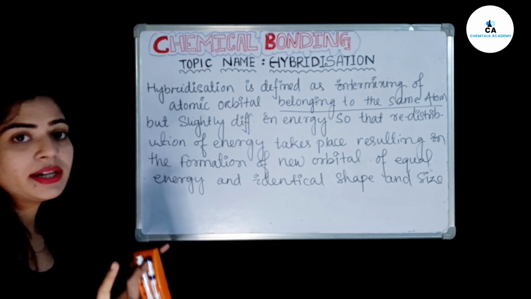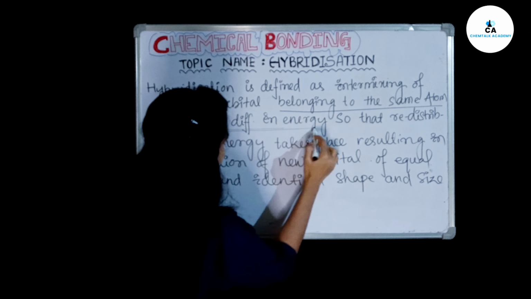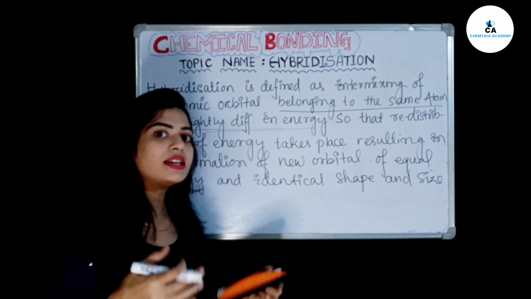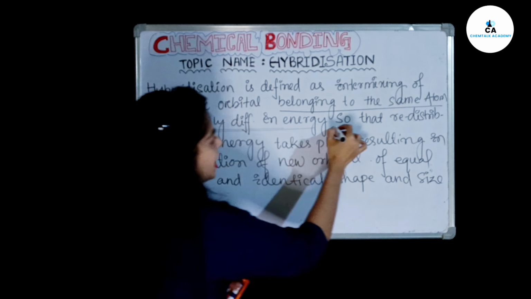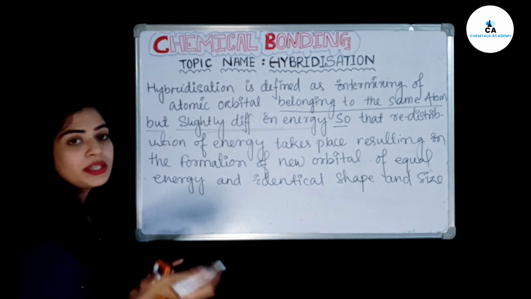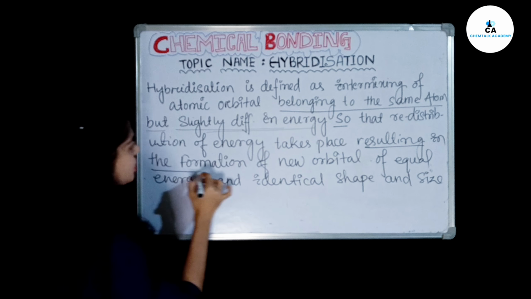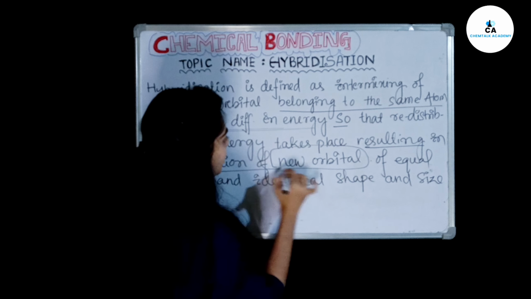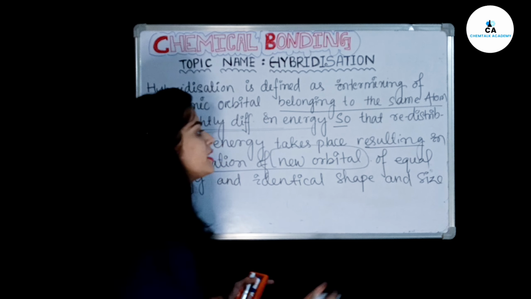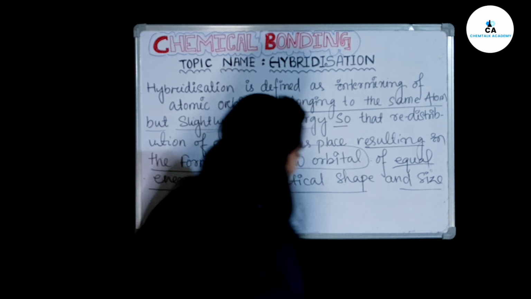So the orbitals should be of the same atom but slightly different in energy, or we can say nearly equal energy, so that redistribution of energy takes place, resulting in the formation of a new orbital. In result, we get new orbitals that have equal energy and identical shape and size.